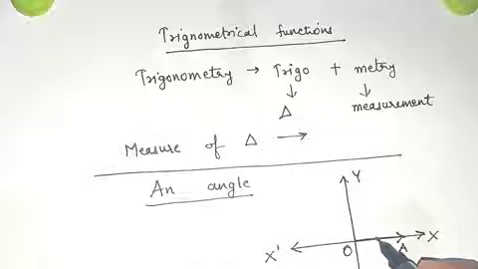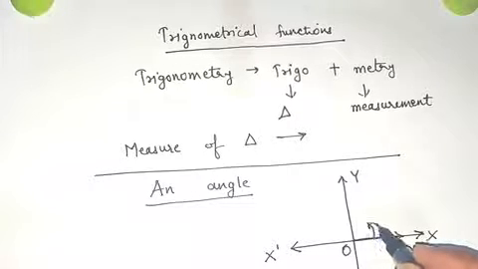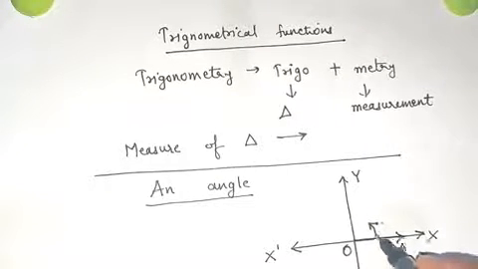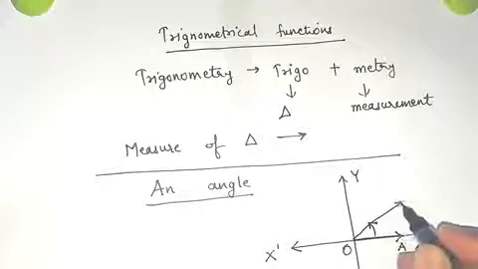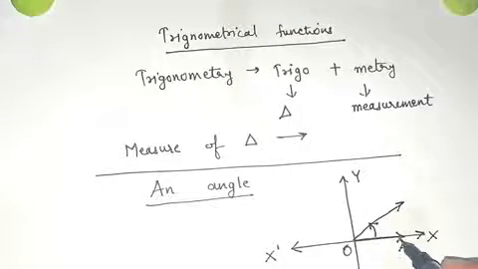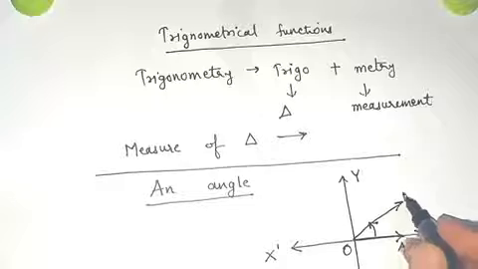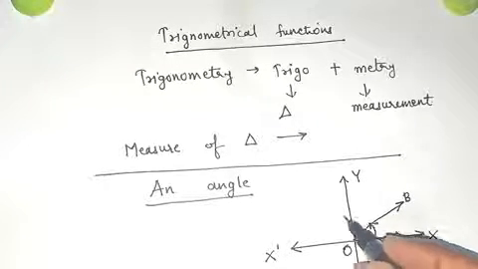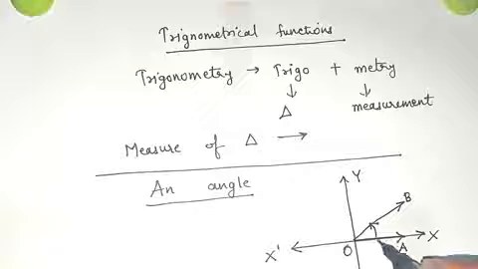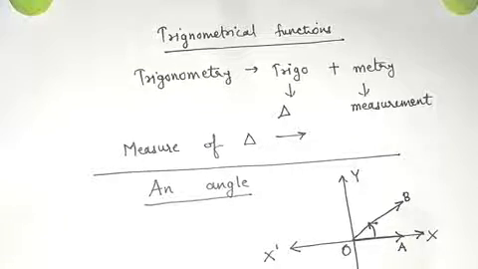So let's start revolution in anti-clockwise direction. As OB ray is going further away from OA, it is making greater and greater angle as much as it revolves.